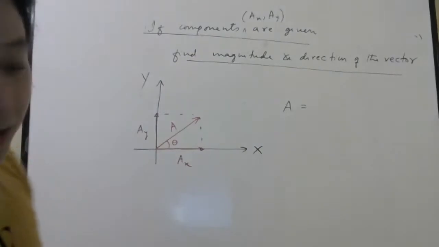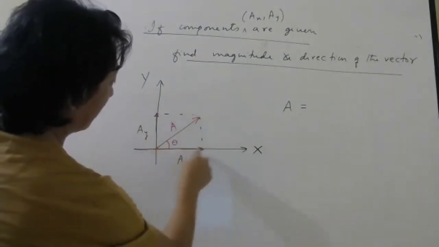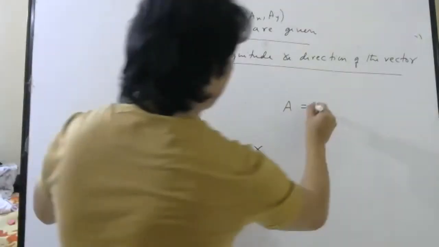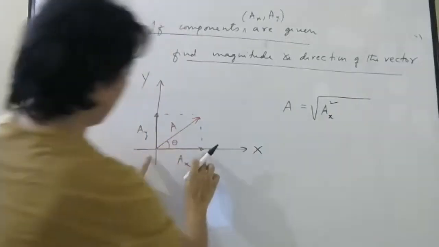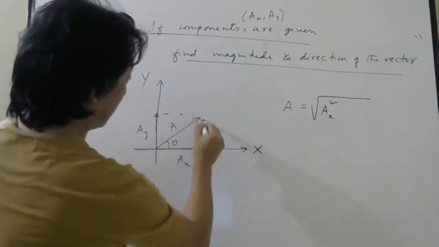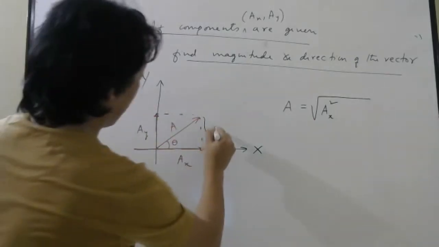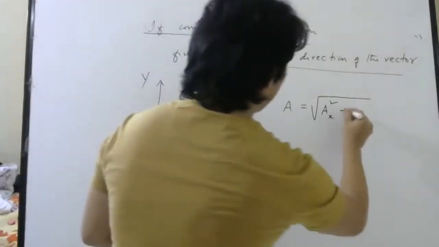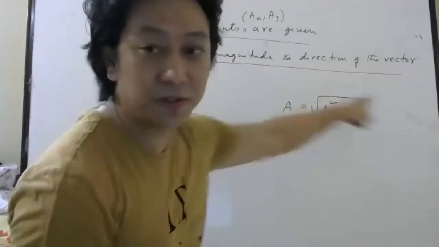Components are given. If you see the diagram, you can see this is a right angle triangle. So a can be written directly as root over ax square plus ay square. Root over also we have to say.